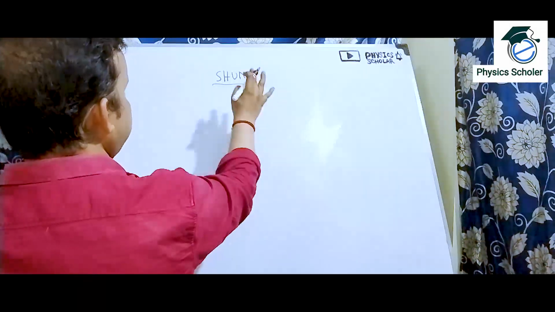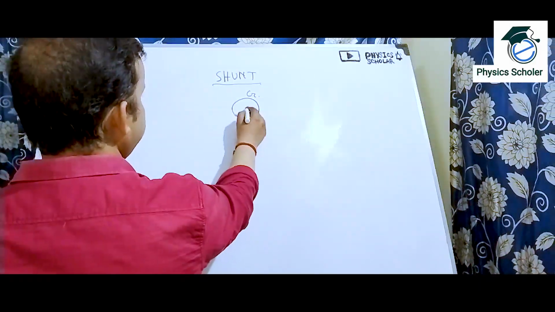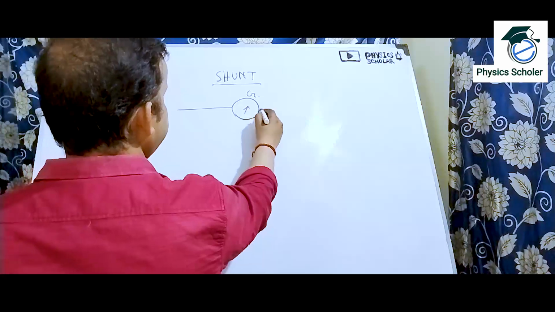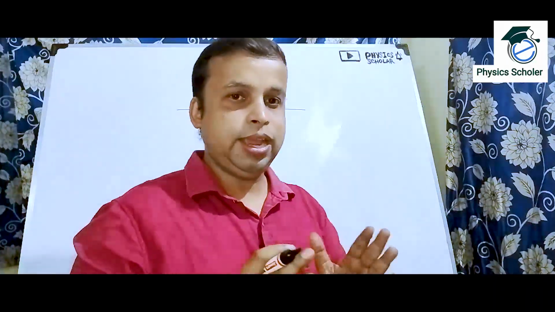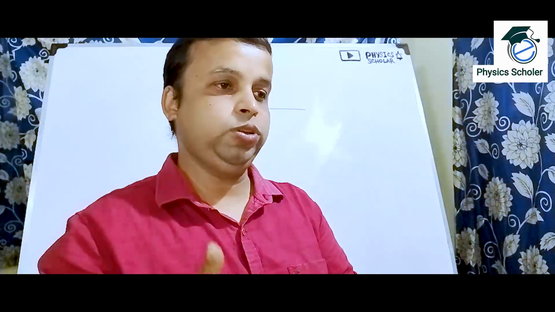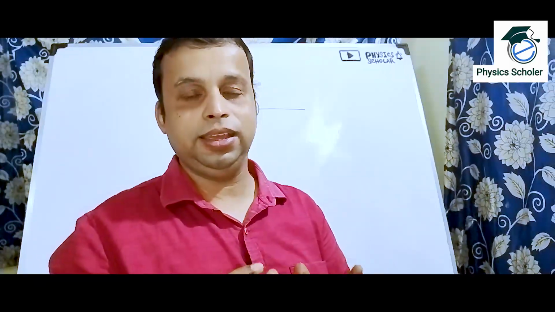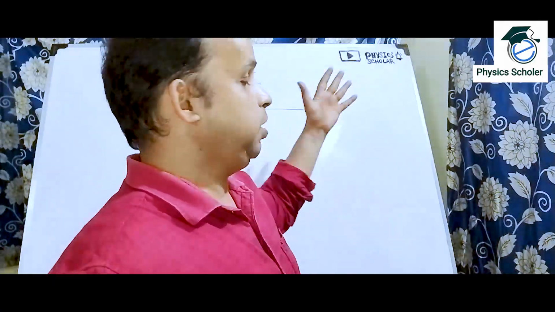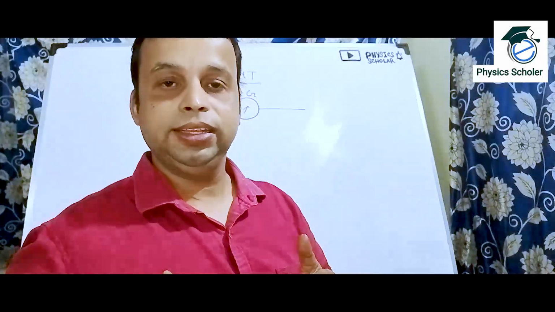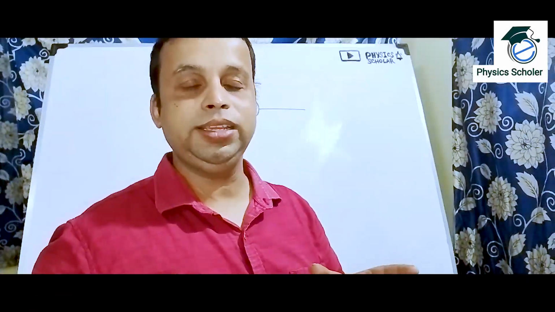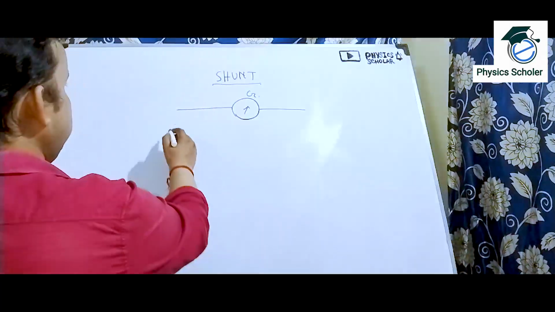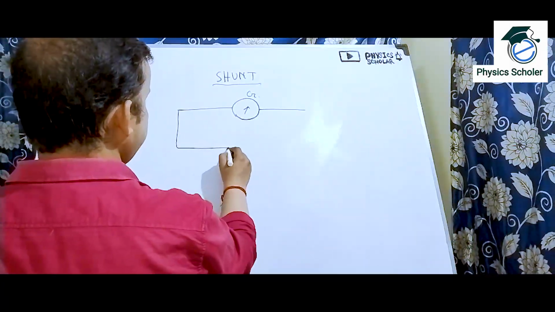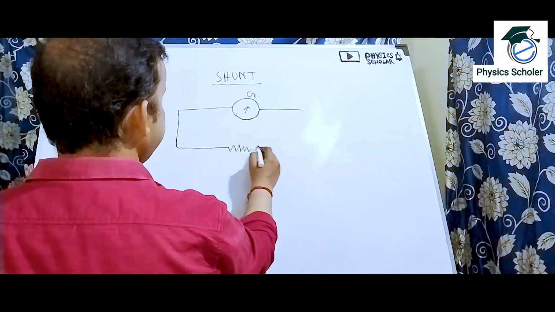The resistance of the galvanometer is G. What is the problem of the galvanometer? If it is connected directly to the battery or to the circuit, it also has a range, that means up to this amount of current it can resist. If the amount of current is more than that, the galvanometer cannot resist and it will be damaged. Clear? So what do we have to do? We have to use one resistance having a low value.